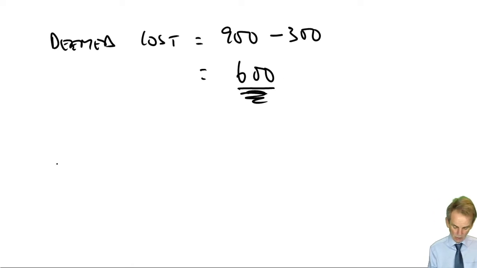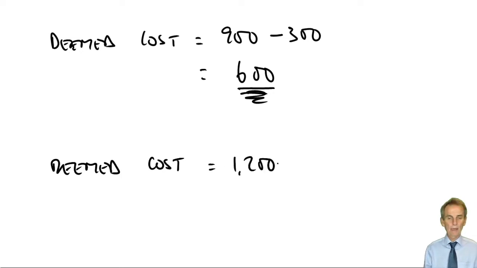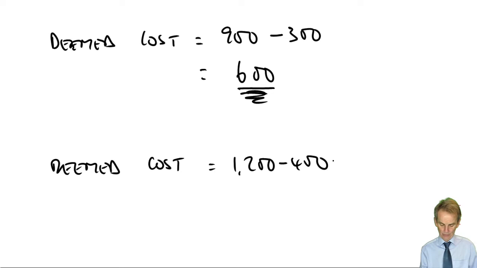In the original circumstance, where we had replaced with an asset that cost 1.2 million, we'd reinvested all of the proceeds, therefore the entire 400,000 gain was eligible, and if we made the claim, that would bring the allowable cost down to 800.